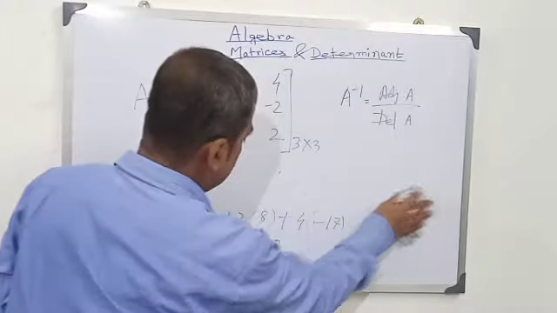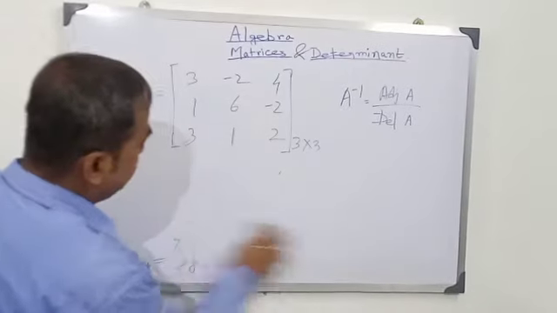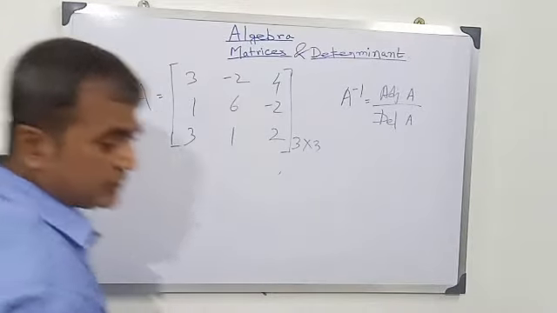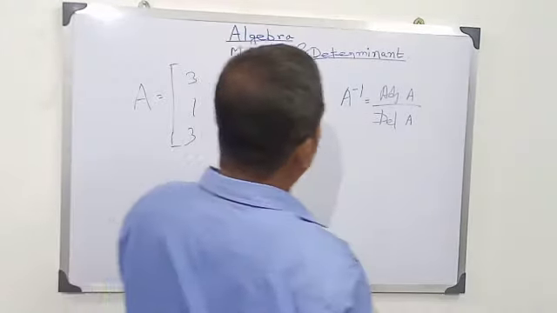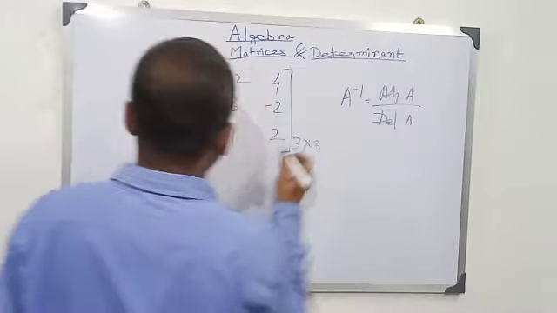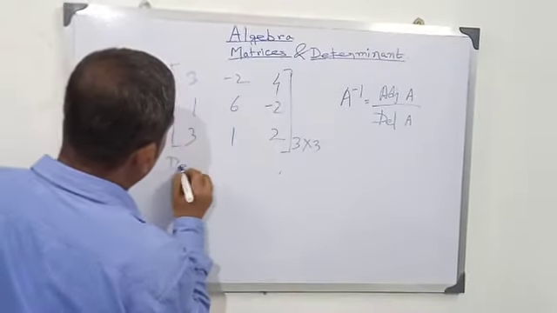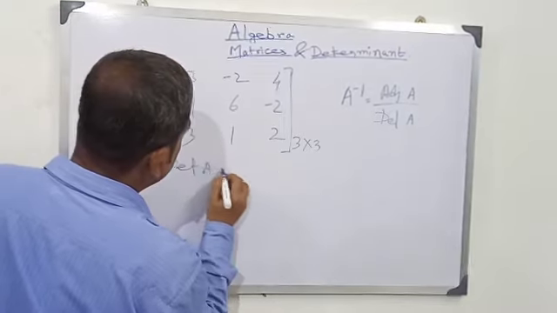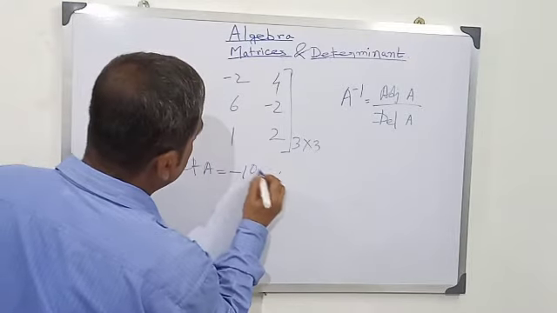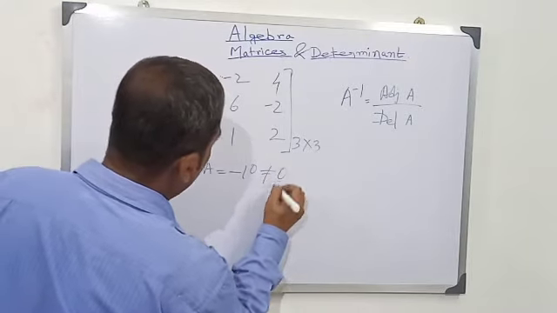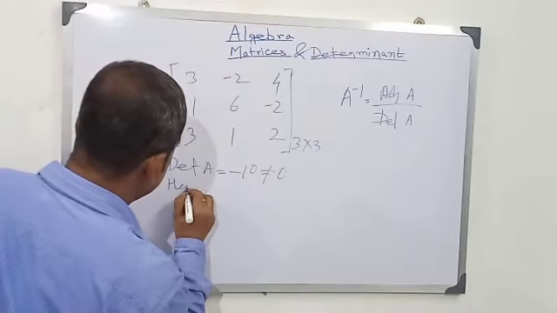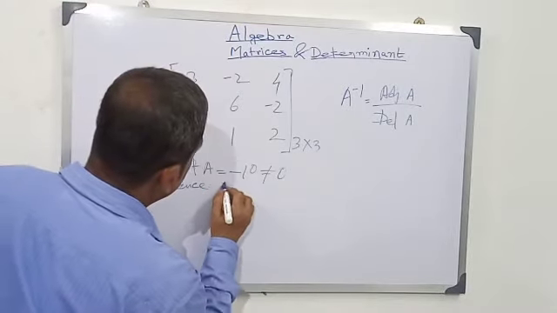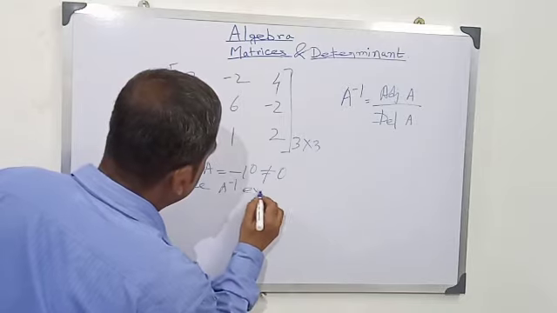Now let us find out. We have found out determinant of A is equal to minus 10, that is not equal to 0. Hence A inverse exists.